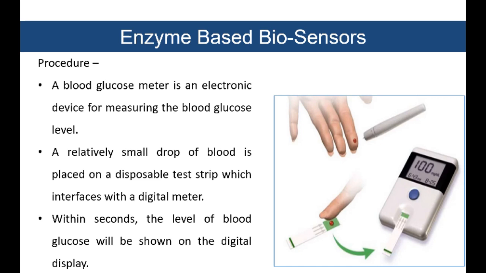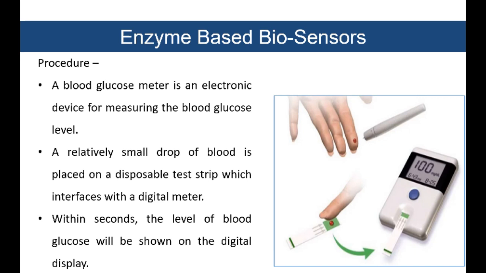Okay, so a blood glucometer is an electronic device for measuring the blood glucose level. As we can see in the right side diagram, it shows how the blood glucose is measured.